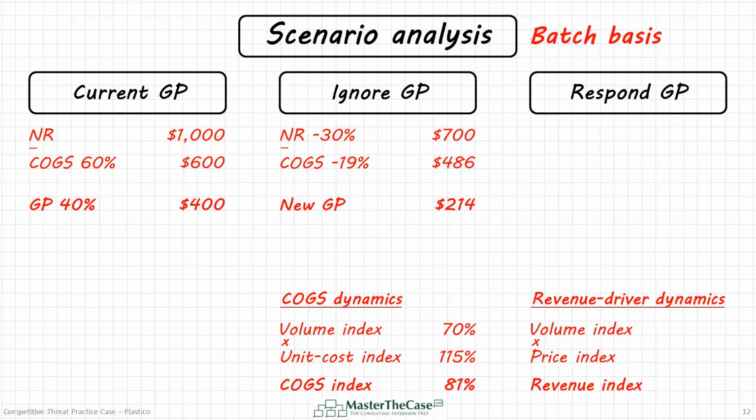Hence, the volume index will be 90%. Next, we know that we'll have to reduce prices by 20%. So the price index will be 80%. Therefore, the resulting revenue index will be 72%, implying a 28% revenue decline.